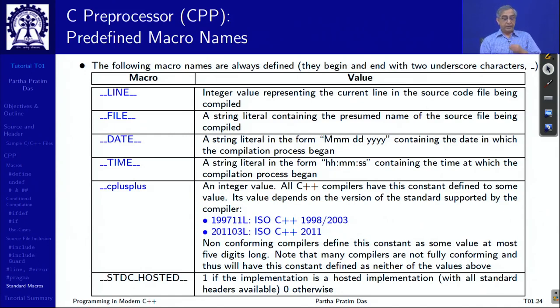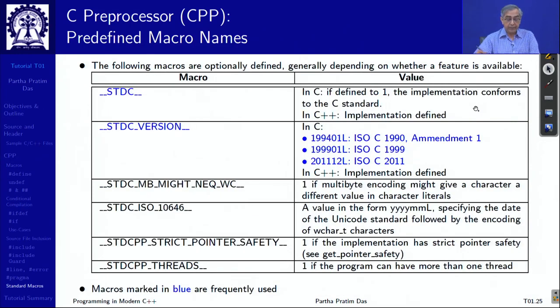One is the current date and time. And in C++, you also have the underscore underscore cplusplus macro defined, which tells you the version of the C++ language. Now, these four, line, file, date, time, are very important to give different kinds of messages.